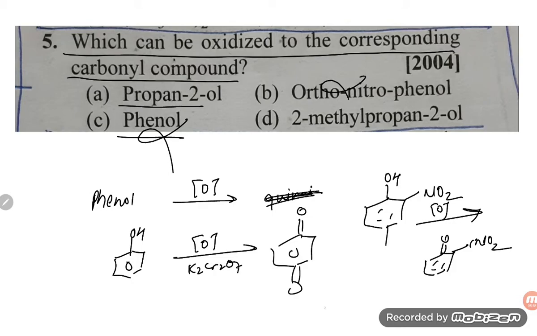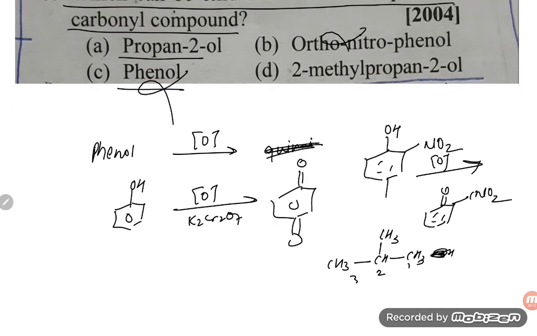Here is CH3, and CH, here is CH3. Here will be 2-methyl propane. So 2-methyl propane 2-ol, with CH3, and here OH, student.